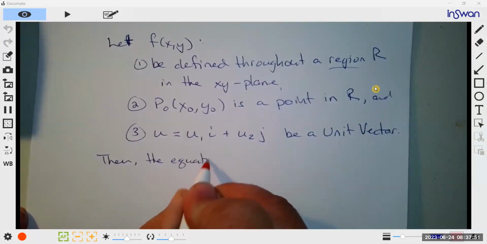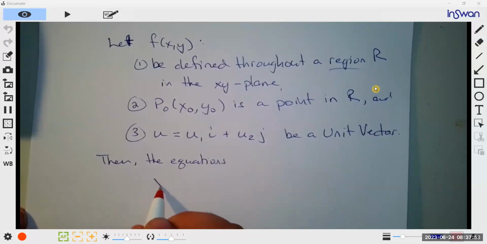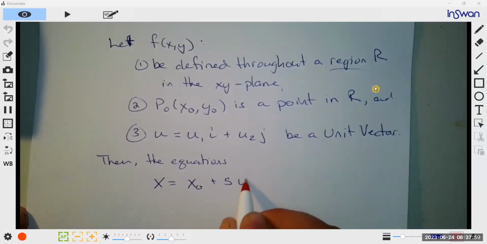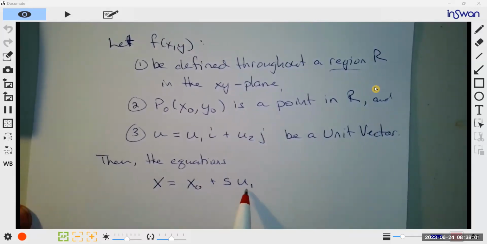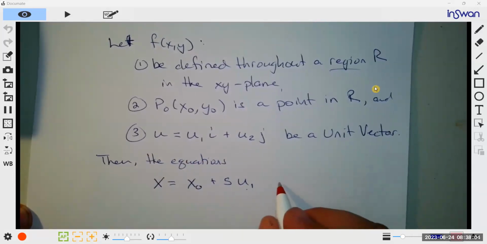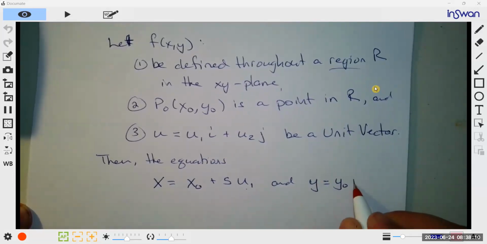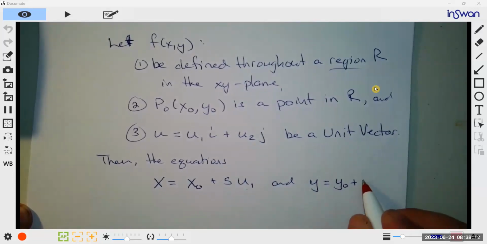And the equations: x equals x sub 0 plus s times u1, the i component of our unit vector, and y is equal to the initial y value, y sub 0, plus s times u2.